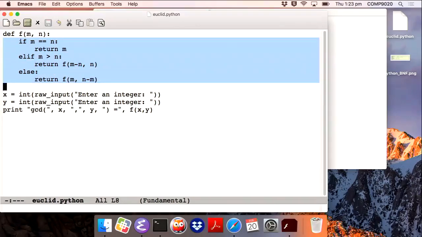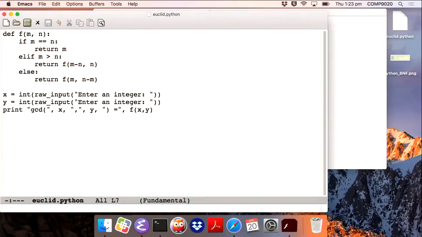If m is the same as n, return one of the two numbers. Else, if m is greater than n, subtract n from m, or do it the other way around. And then the rest of this program just asks for input, computes the output, f of x and y, and says the greatest common divisor of x and y is the result of applying this function.